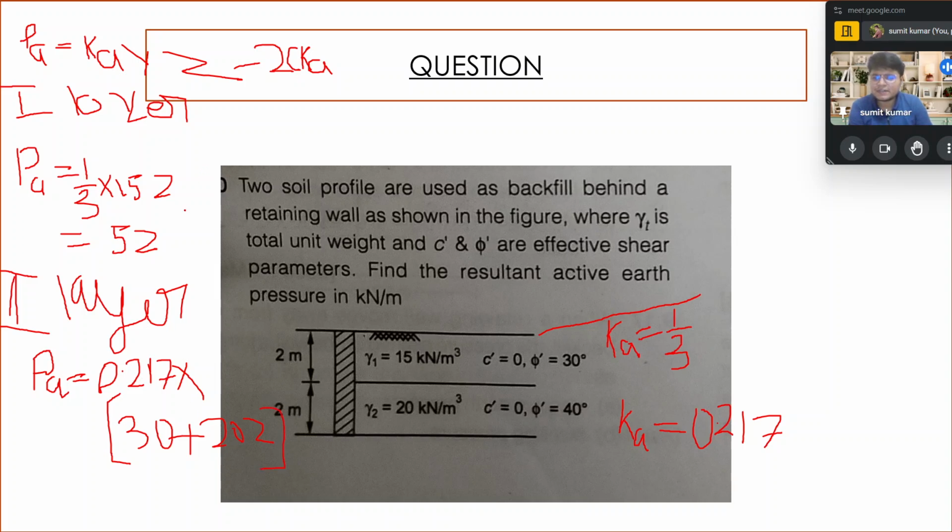Now over here, at Z equal to 0, E equal to 0, and at Z equal to 2, E equal to 10.